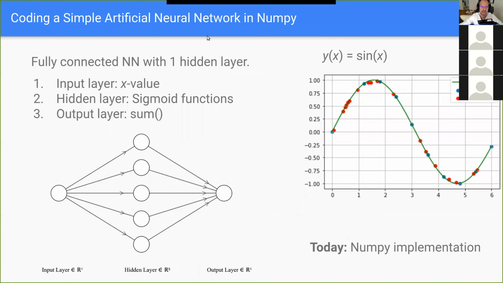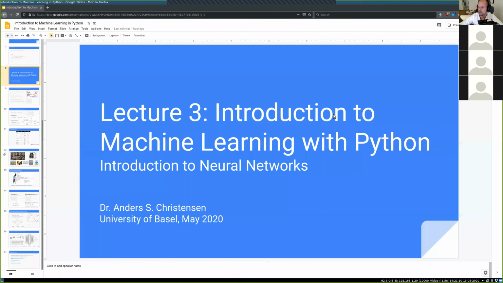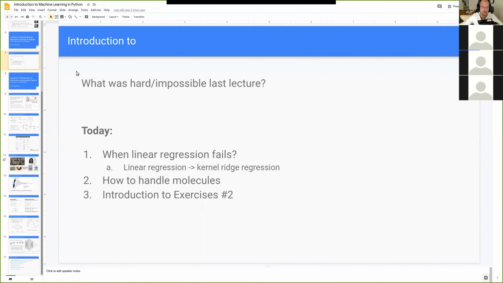Okay, so let's head right into this simple artificial sine of x neural network. And of course, I made a Google Colab notebook where we're going to implement this. So again, let me zoom in a little bit.